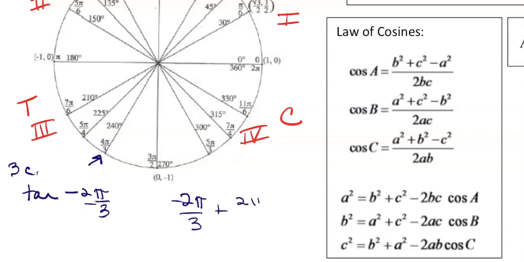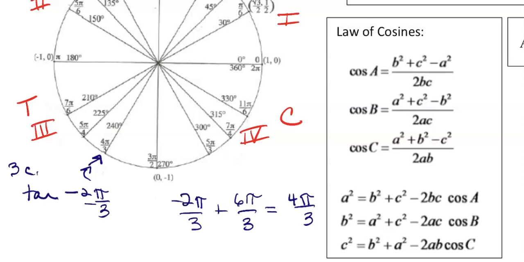which is 2 pi. But because we have thirds, we can't add 2 pi, we're going to instead add 6 pi over 3. And when we do that, we get 4 pi over 3, which is exactly where I said it was going to be.